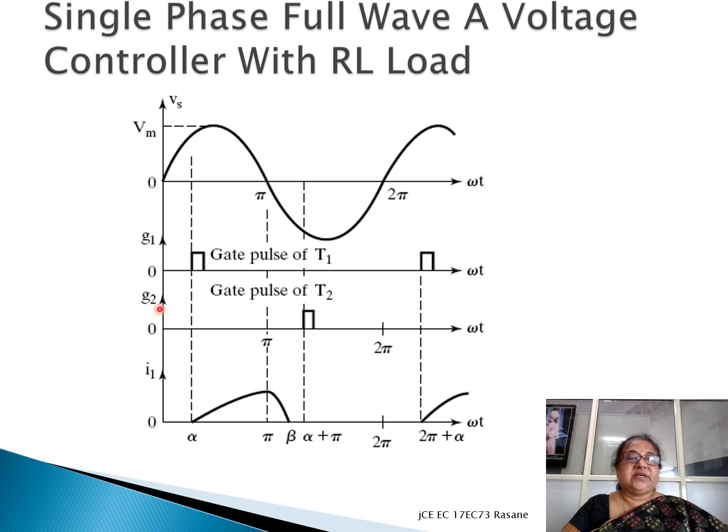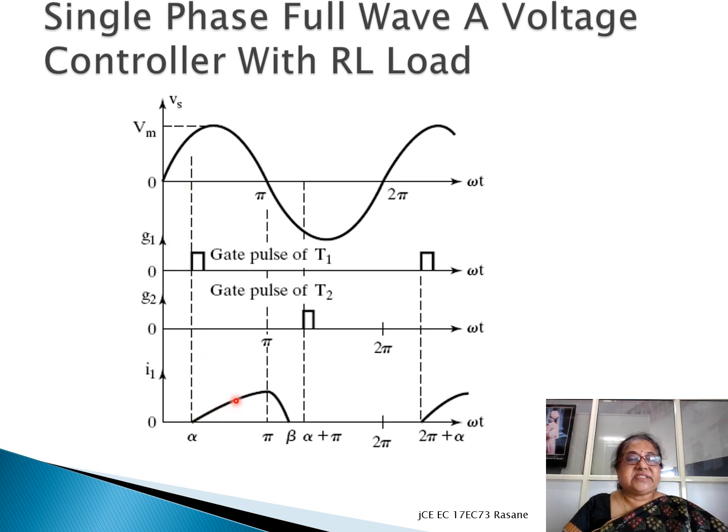Similarly, I have to give another gate pulse for T2, which becomes forward biased during the negative half cycle, and the angle at which we give the triggering pulse is pi plus alpha. So when T1 is forward biased and gets a triggering pulse at alpha, it obviously starts to conduct.